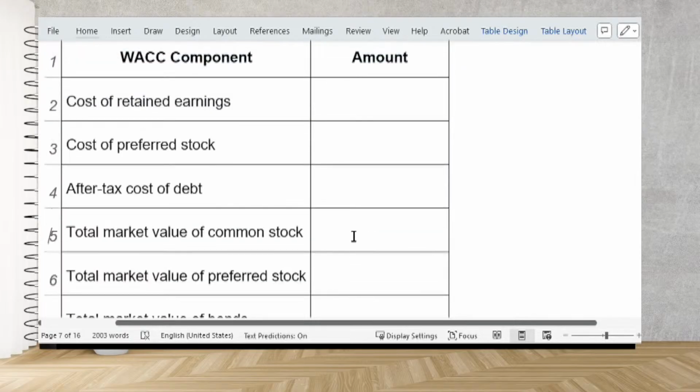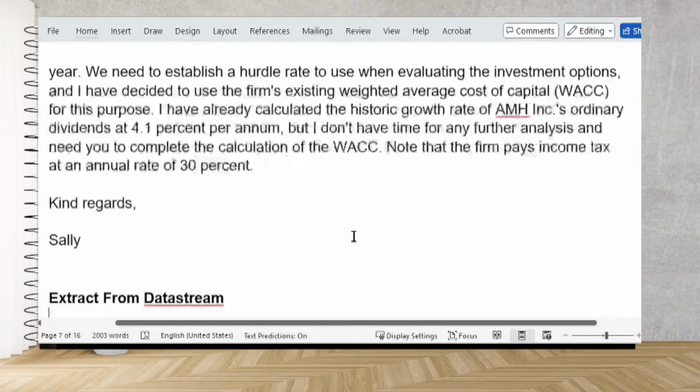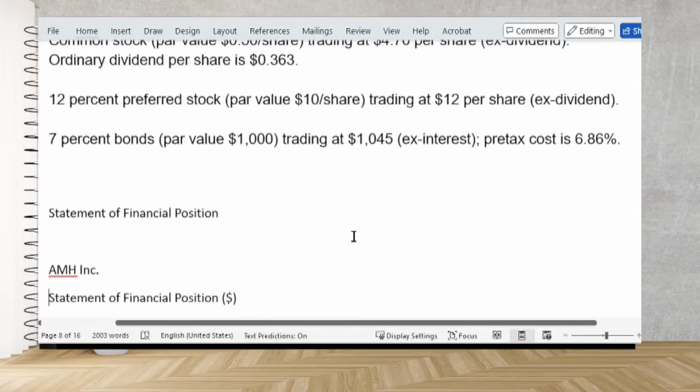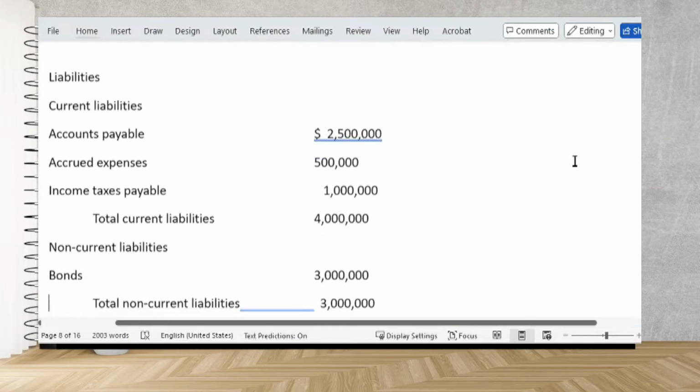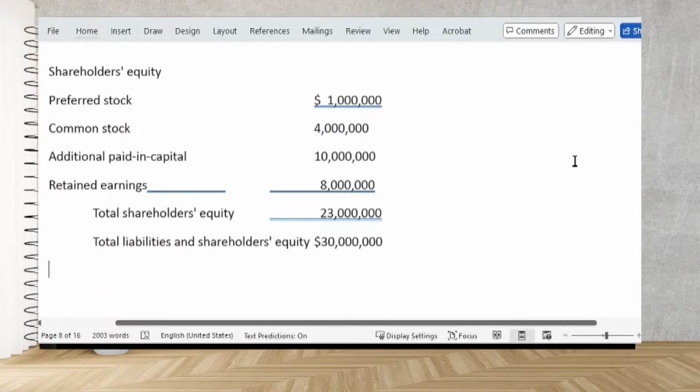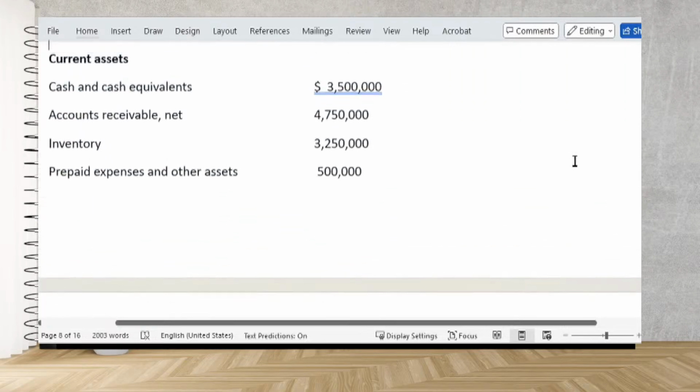After tax cost of debt. 7% bond trading at 1045 ex-interest and the pre-tax cost is 6.86. Pre-tax cost is 6.86.